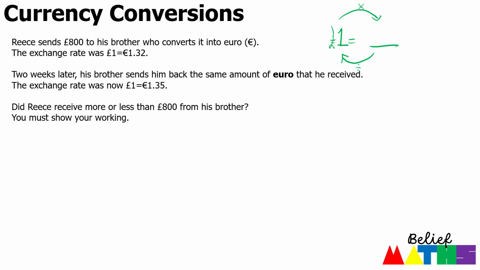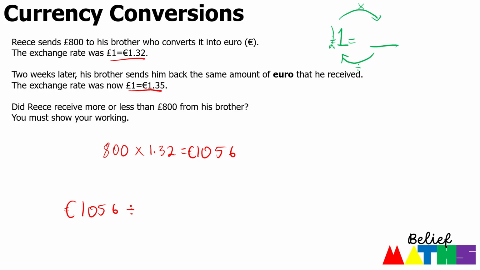So we're going to start with the original £800, and we're going to convert that to euro using the exchange rate that Reese got, which is multiplied by 1.32, and that gives us €1,056. It then says he gets sent the same amount of euro back, so that's the €1,056, but the exchange rate has changed to 1.35.